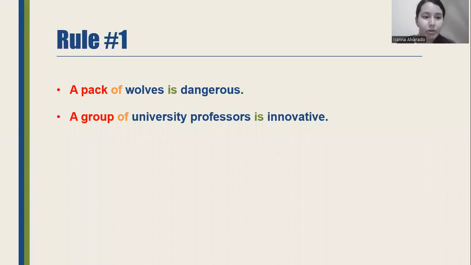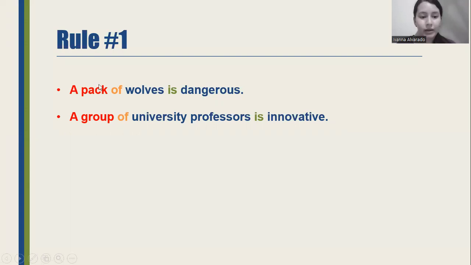We have examples about rule number 1. We have 2 sentences. The sentences are: a pack of wolves is dangerous, and a group of university professors is innovative. In this case, the subject in the first sentence, a pack, and in the second sentence, a group, comes before the prepositional phrase headed by of.